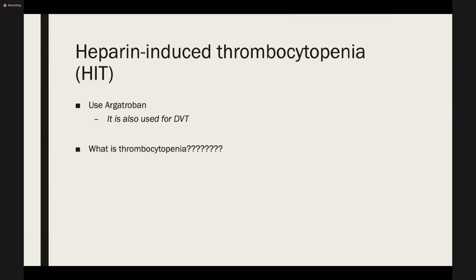To prevent clotting, argatroban. Okay. What if I say apixaban? Is that a direct thrombin inhibitor or factor 10 inhibitor? Factor 10. That's right.